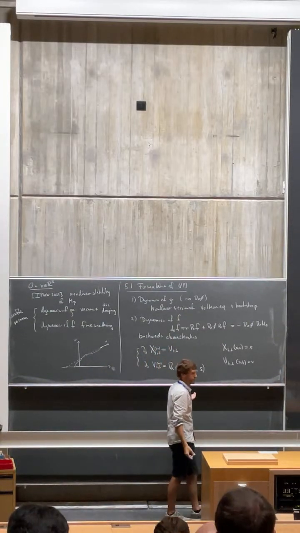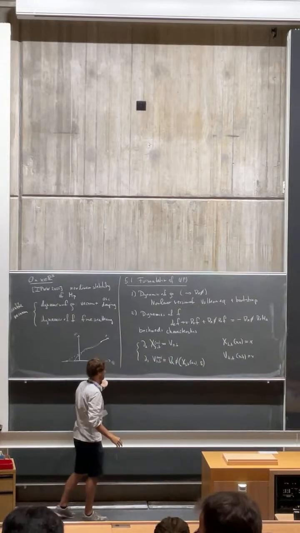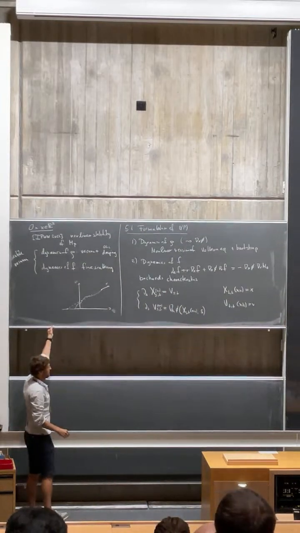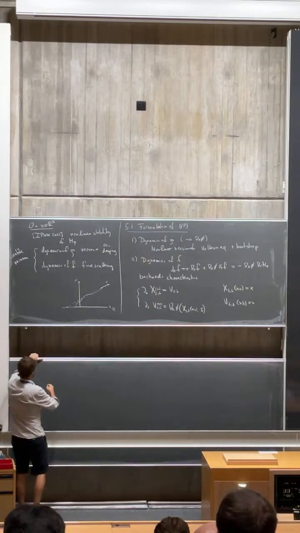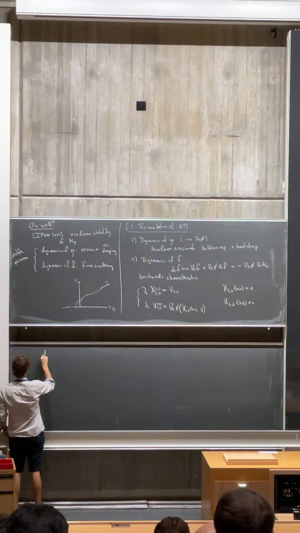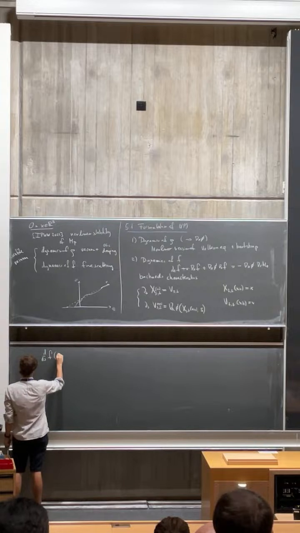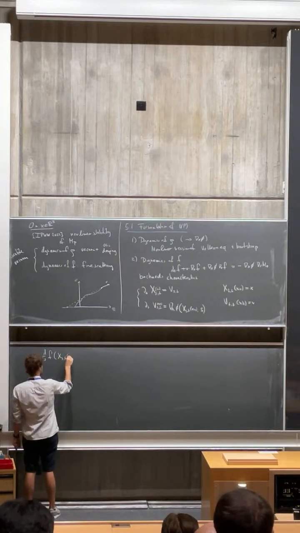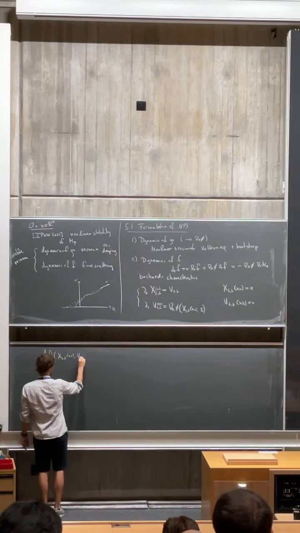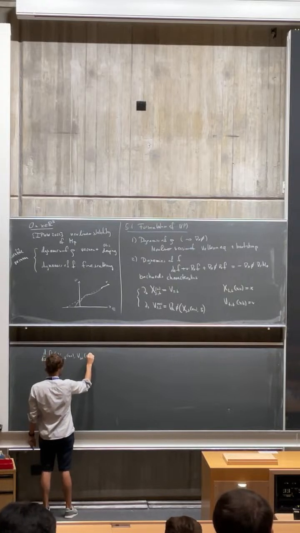So in particular, the left-hand side of your equation is just the derivative along the characteristics. That's how the whole thing is set up to be.